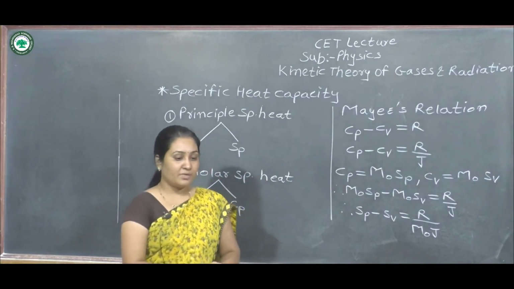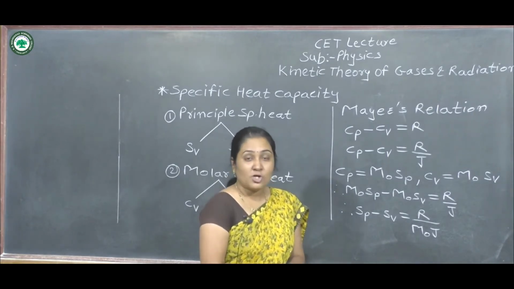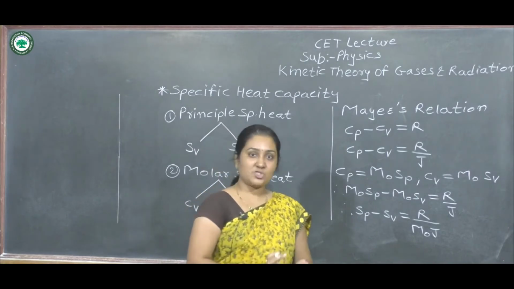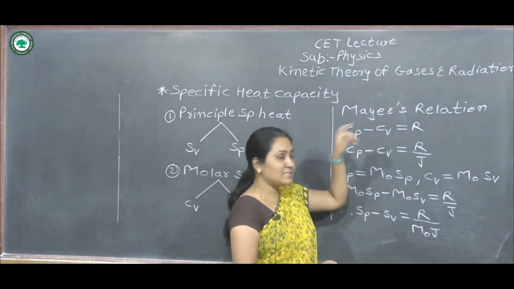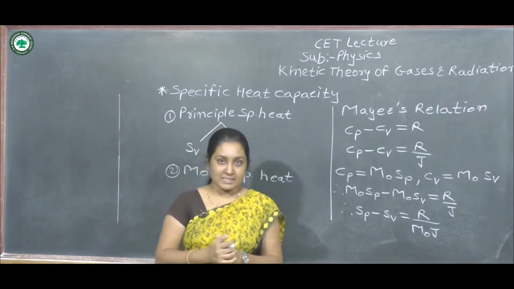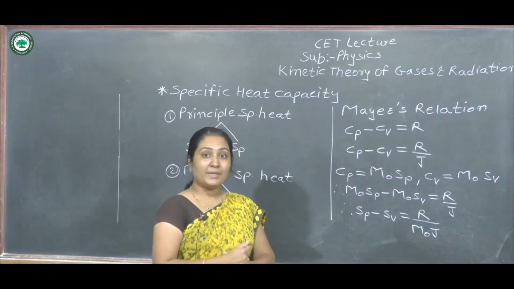Now this Mayer's relation is used to find out the adiabatic ratio, that is the ratio of Cp and Cv for different types of gases, such as a monoatomic gas.